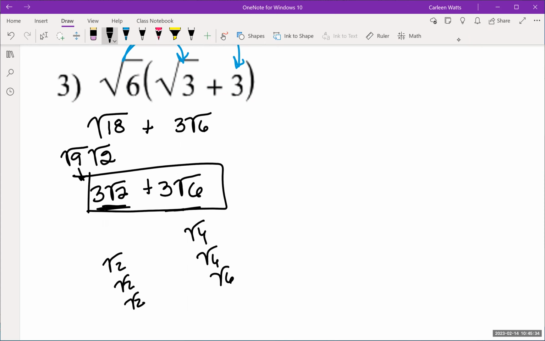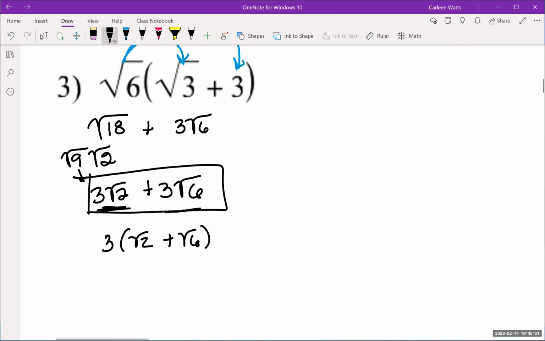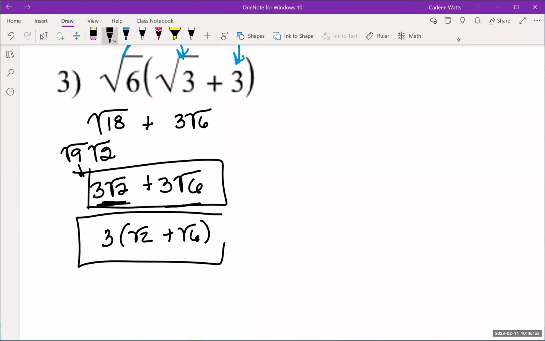That guy's done. 3 root 2s, 3 root 6s. Oh, okay. You could, they have a GCF. You could factor that out. But yeah, so know that these are equivalent. If it's a multiple choice, you might see either one. Okay, but you could leave it that way.